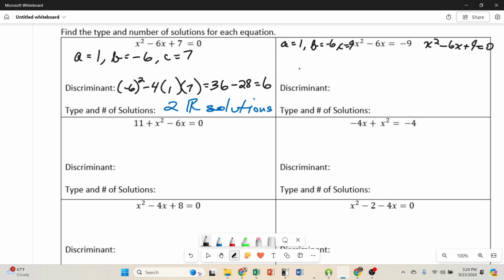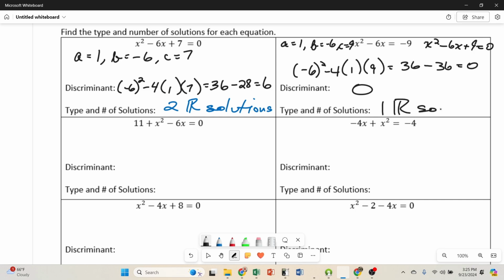So b squared, -6 squared, minus 4 times a times c. So -6 squared is 36. 4 times 1 is 4 times 9 is 36. 36 minus 36 equals 0. So our discriminant is 0. Number and type of solutions, you have one real number solution.